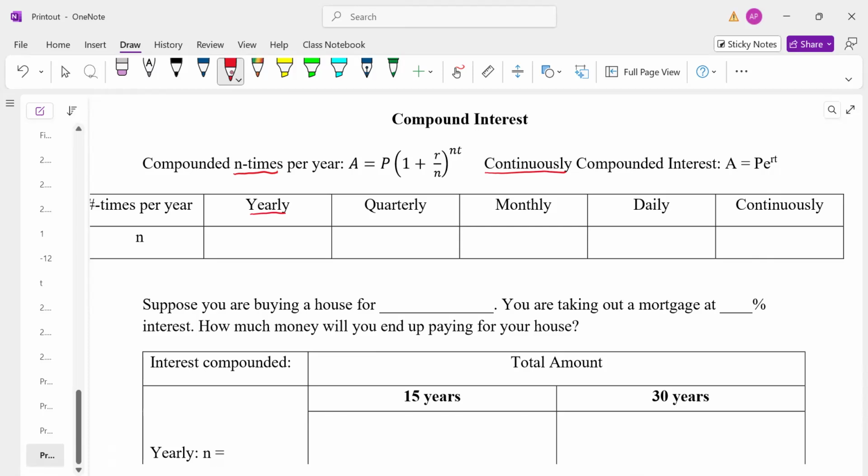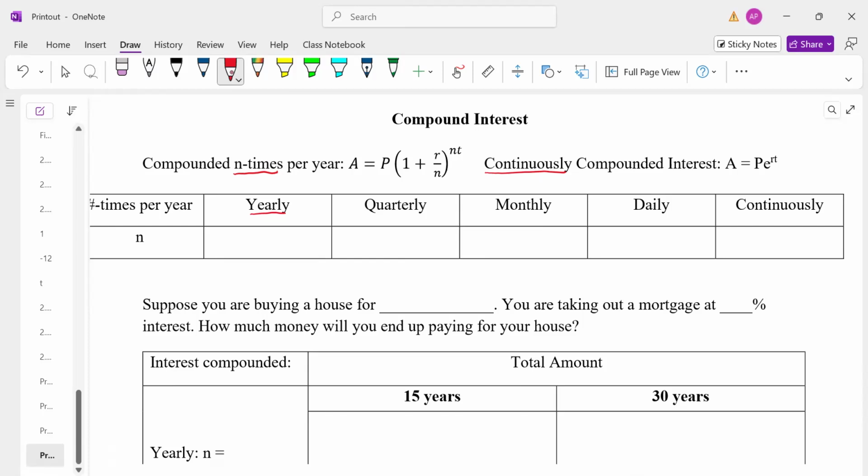You put some money into your account, let's say $100 at 2% interest. A year passes. During that entire year, nothing happens to your $100, but at the end of the year, your value adds 2%. So you will start the next year with $102. Then you have $102 for the entire year. Nothing happens. And then at the end of the year, you add 2% of 102, and then you get the next value. So that's what we mean by compounded n times per year.